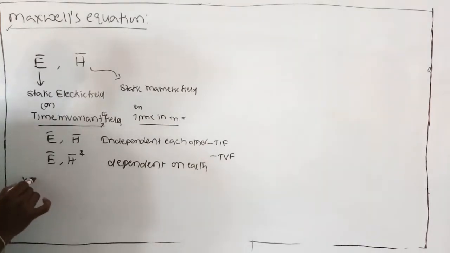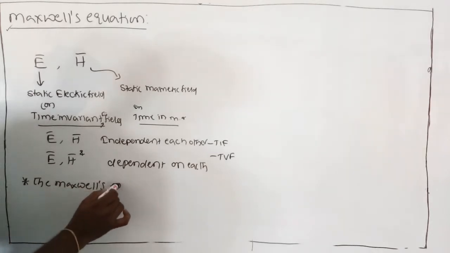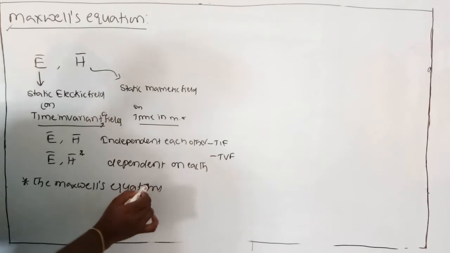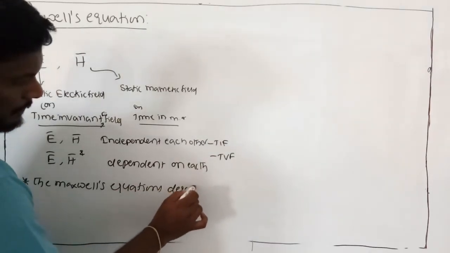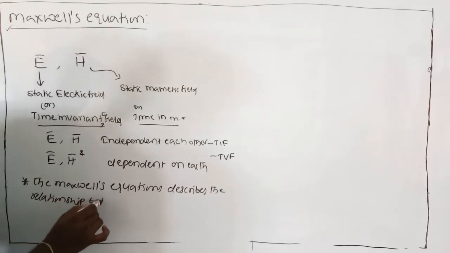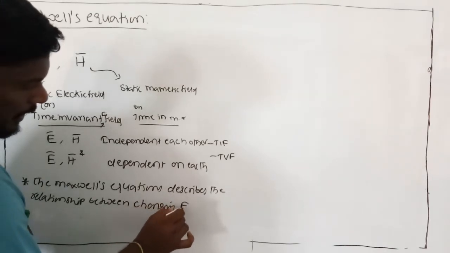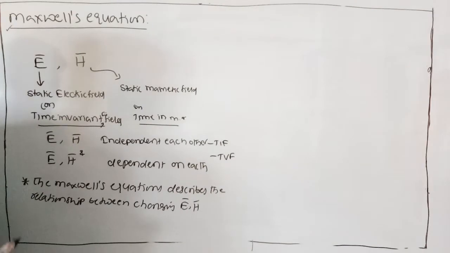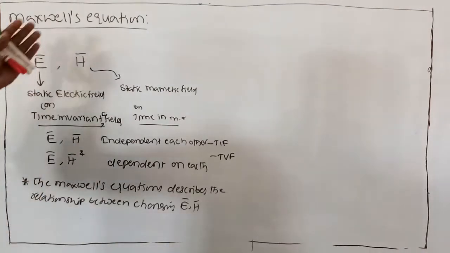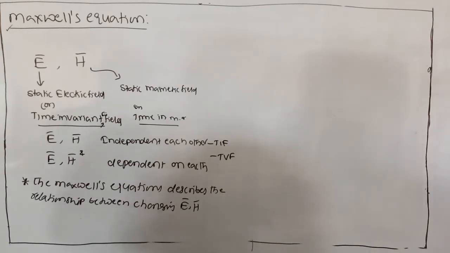Maxwell's equations describe the relationship between changing electric field and changing magnetic field. That means the purpose of Maxwell's equations is to describe the relationship between a changing electric field and a changing magnetic field.